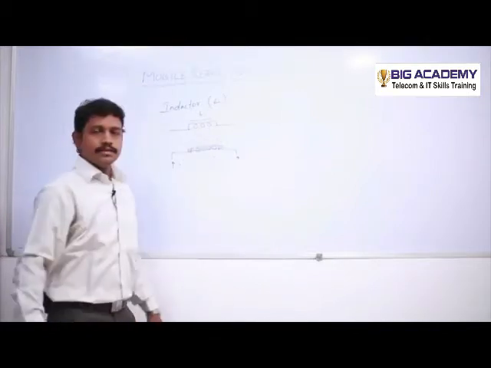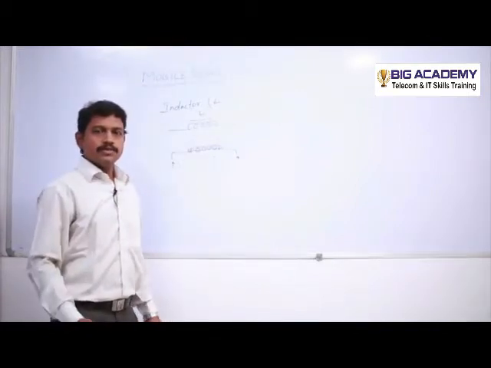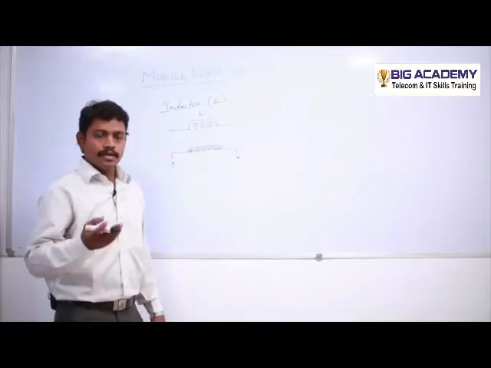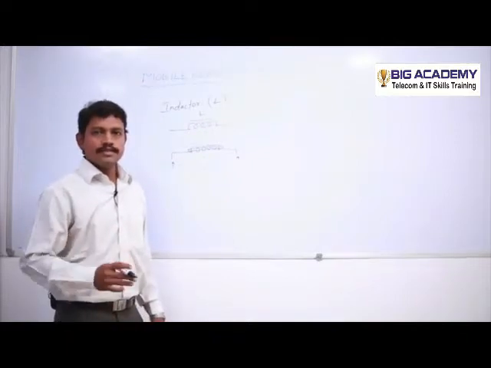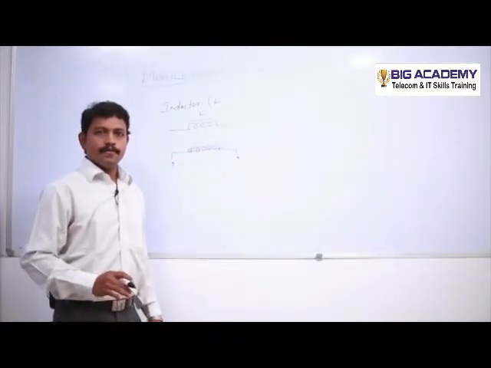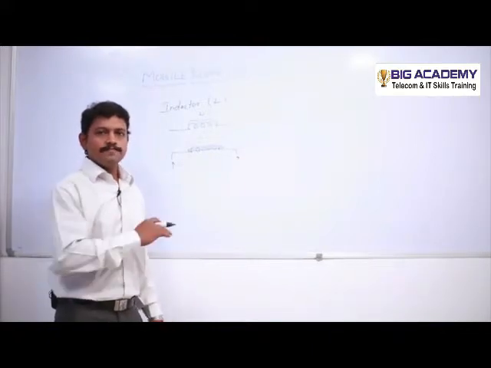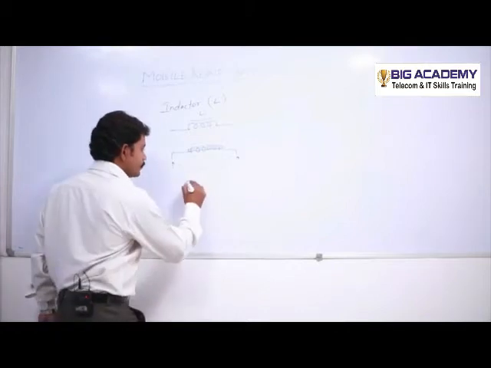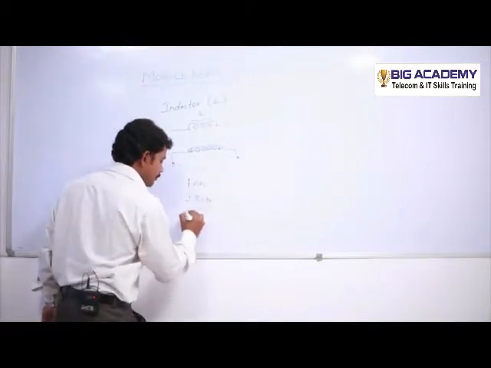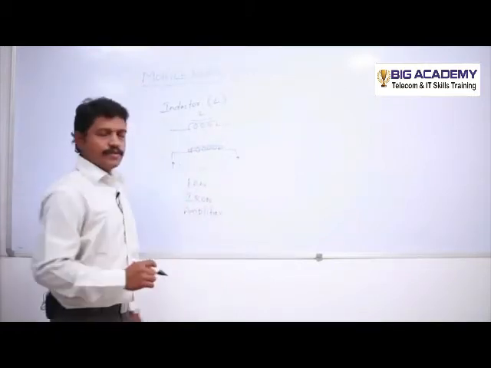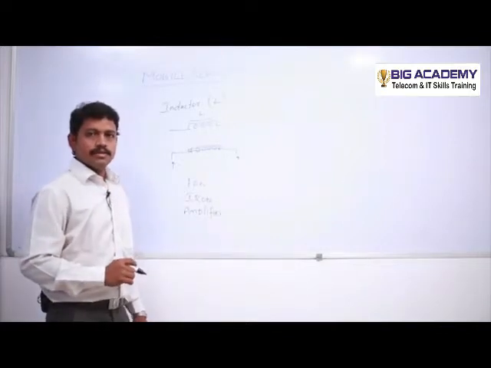Wherever we can use this inductor, the amplifier unit, all these things have coils. Wherever we use the coil, we also call it the inductor. So fan, right, amplifier. These are some of the examples for inductor usage.